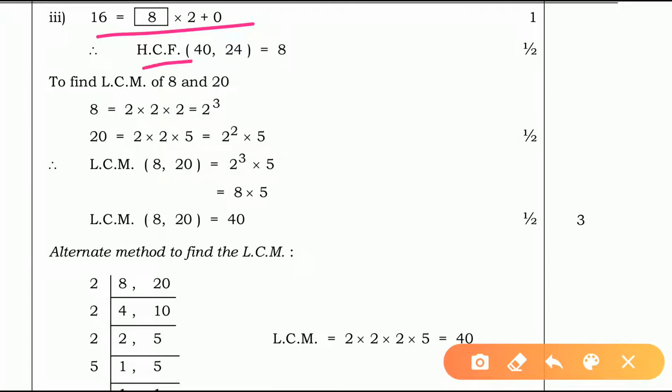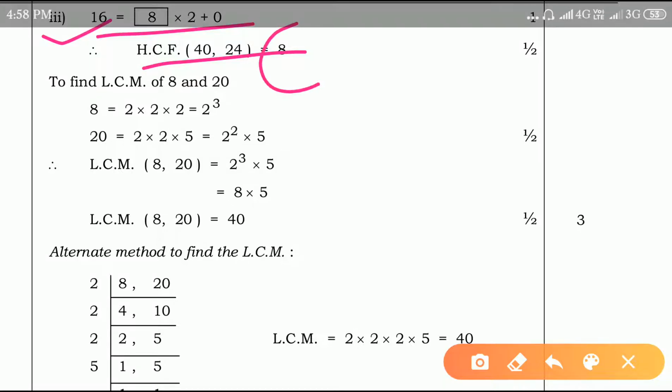Therefore the HCF of 40 and 24 is 8, because we stop the process when the remainder is 0.